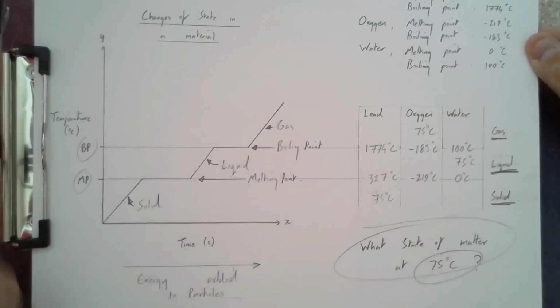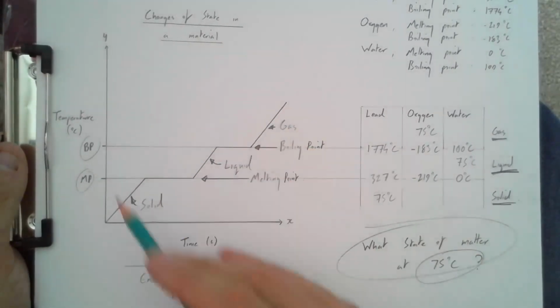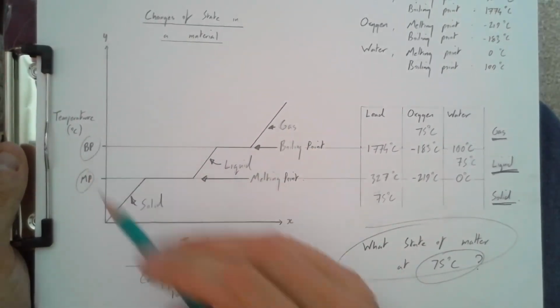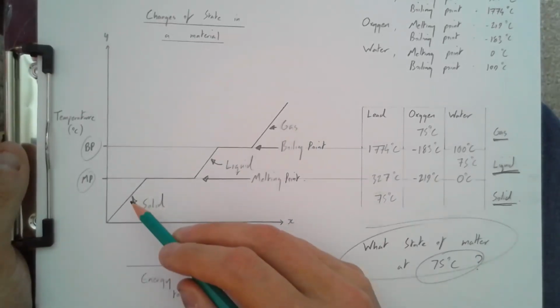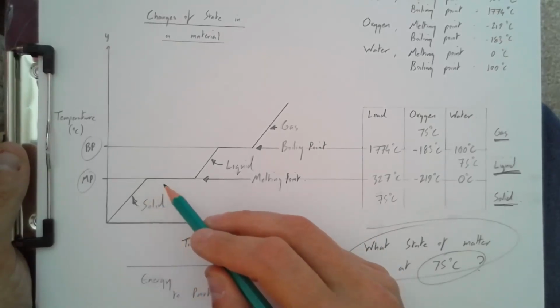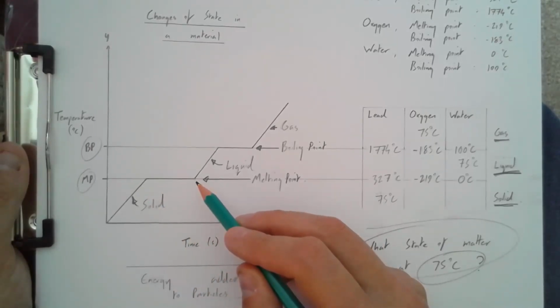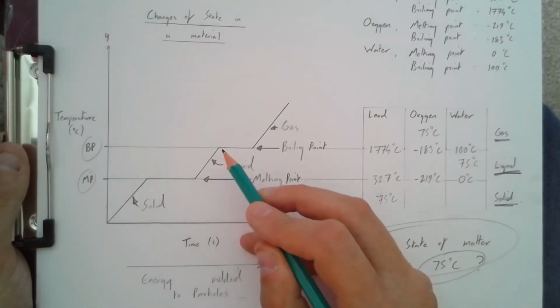Okay guys, so we have gone over what a time temperature graph means in terms of states of matter. Solid comes first. Then we have the melting point here. As energy is added, the temperature doesn't change, but then eventually it gets to the next state of matter, which is liquid.